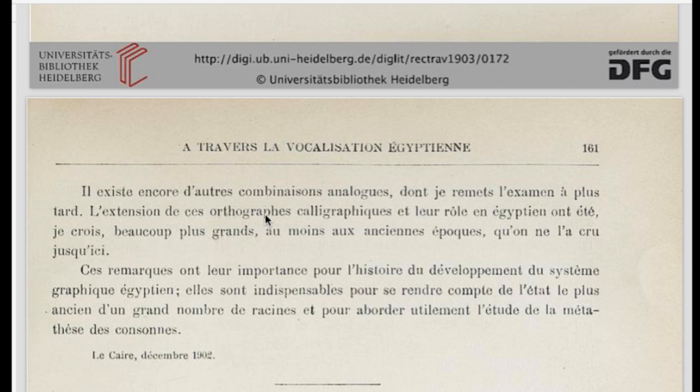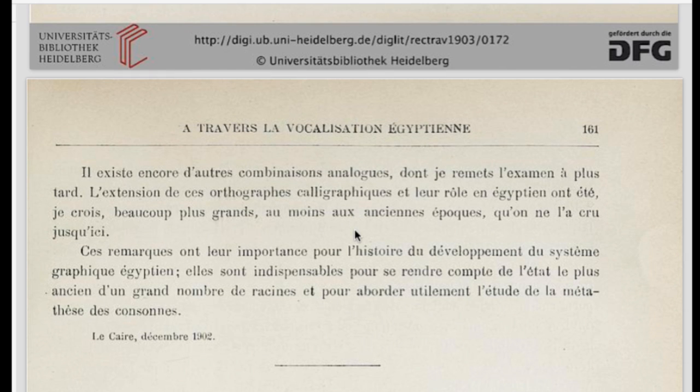The extension of these calligraphic orthographies. See orthography again right here. See this word orthographies. I don't know how you pronounce it in French, but it's the word for orthography. The extension of these orthographies and their role in Egyptian have, I believe, been much greater, at least in the old times, ancient old times, than has hitherto been believed.